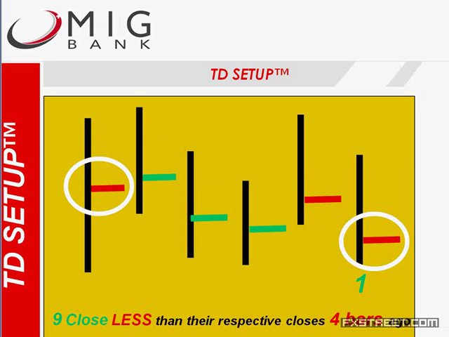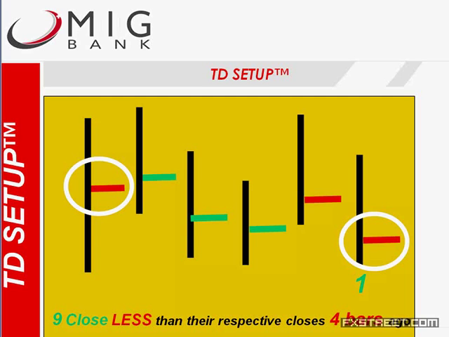Now, once we've had the price flip, we can then activate the setup. Remember that first stage where we get a numerical count from 1 to 9, and that count is color-coded in green. For the TD setup process, we need 9 closes, in this example, less than the respective closes 4 bars ago.